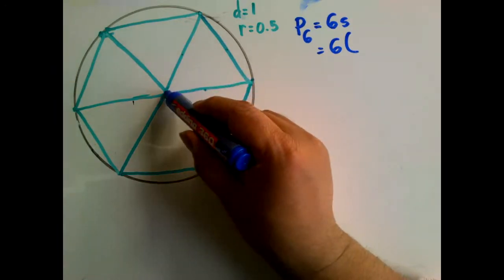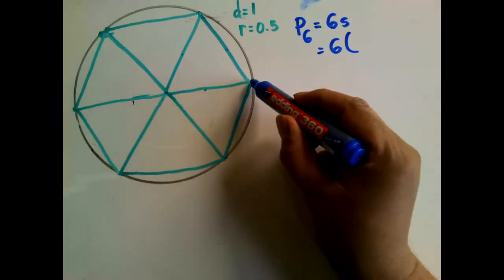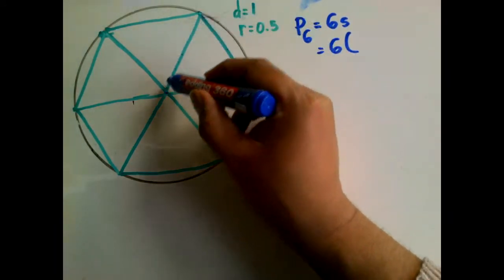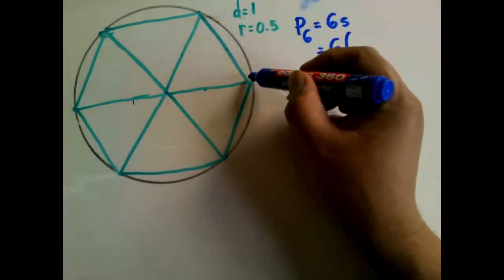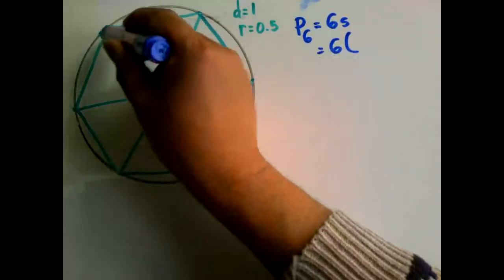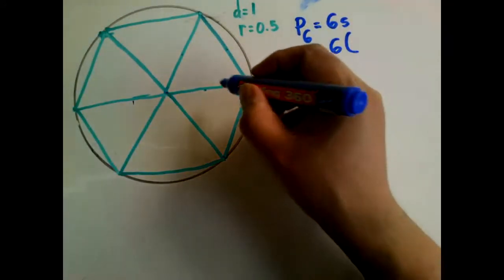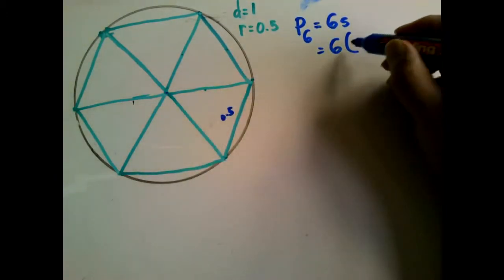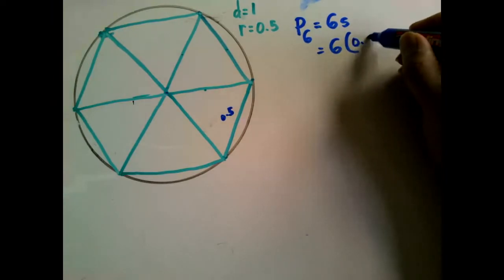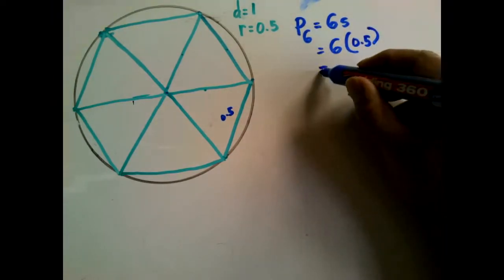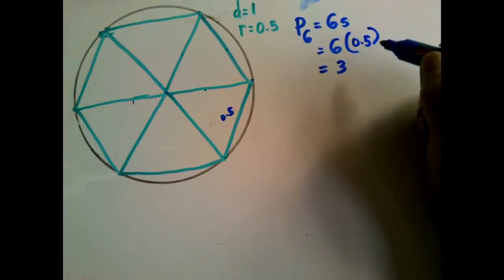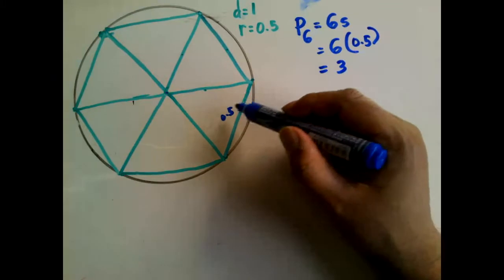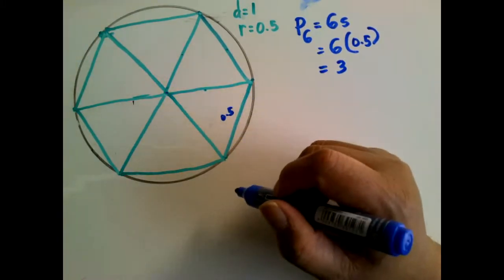If this is 0.5, the radius, since this side is the same as this side because it's an equilateral triangle, therefore all the sides here have a value of 0.5. And so 6 times 0.5, your answer is 3. Yes, and that's why you have a perimeter of 3 in a six-sided figure in a unit circle.